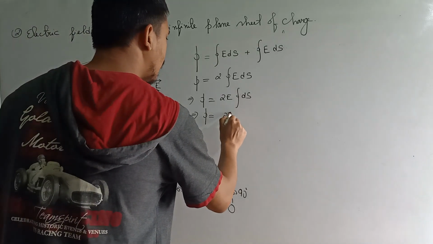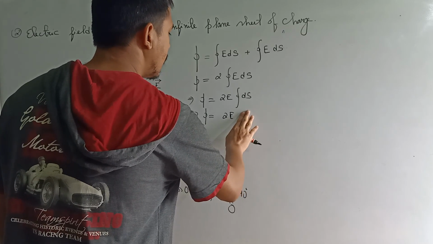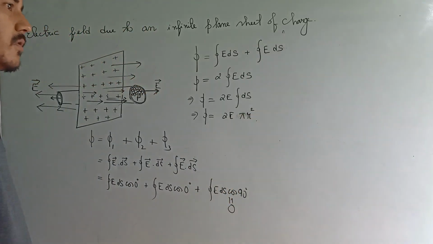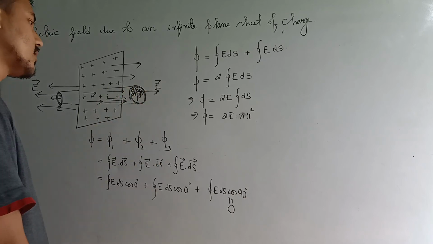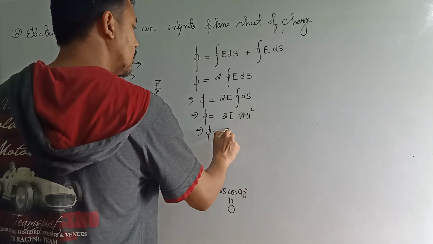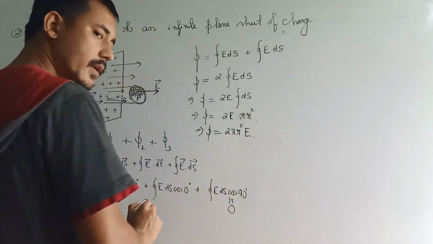What is the formula for the area of cross section? It's a circle, so pi r square. So what we have is phi is equal to 2 pi r square times E, right?